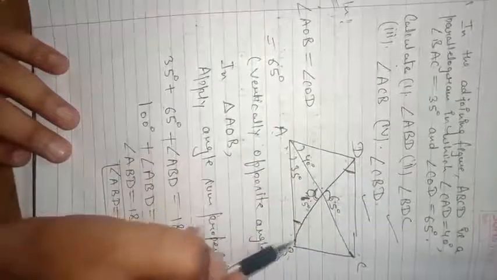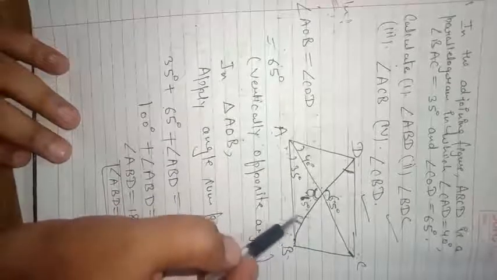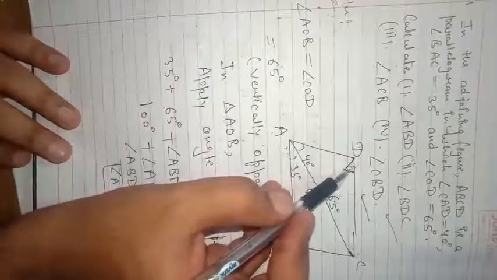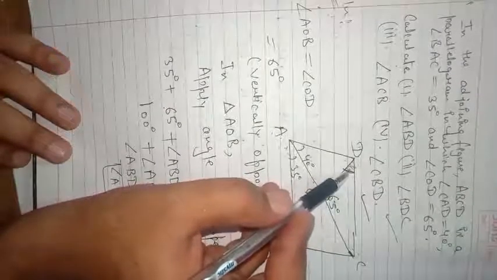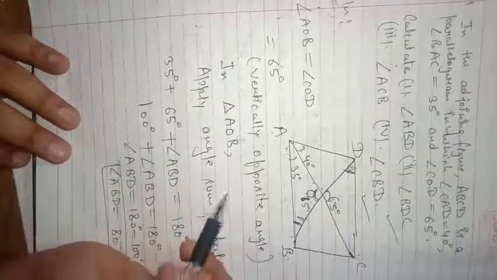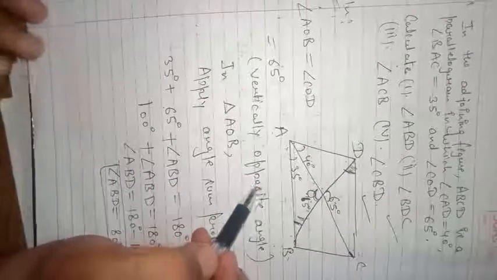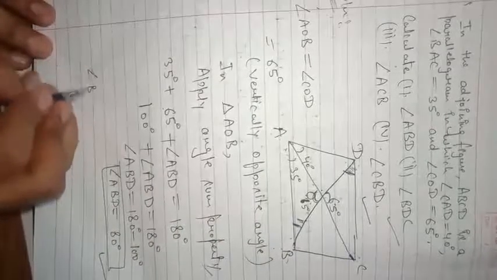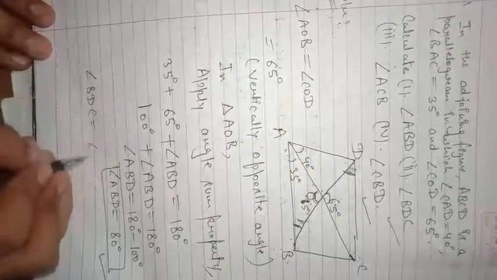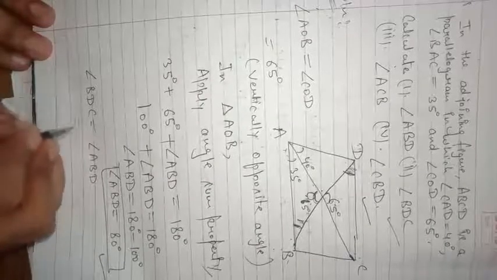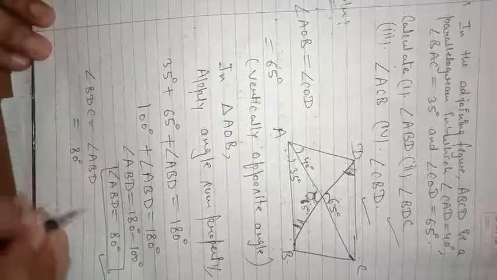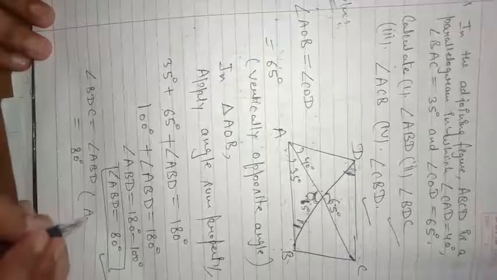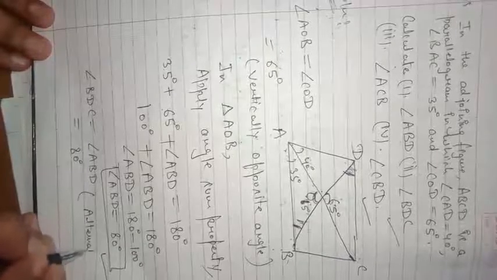CD is parallel to AB, transversal is drawn, so alternate interior angles are always equal. One is on one side of the transversal, another is on the other side. So we will mention angle BDC is equal to angle ABD is equal to 80 degree. In bracket we will mention the reason, alternate interior angles.